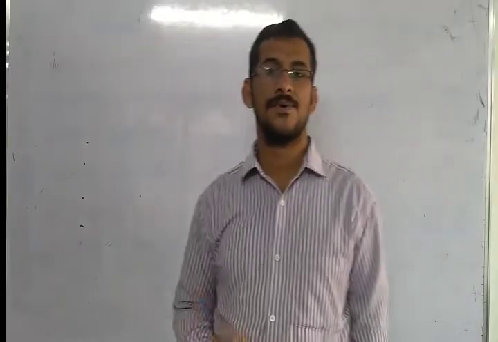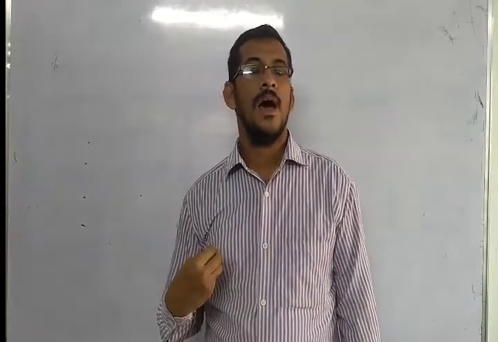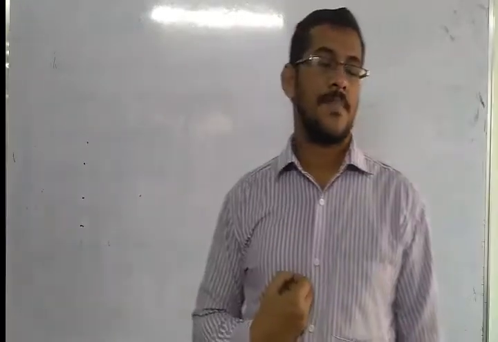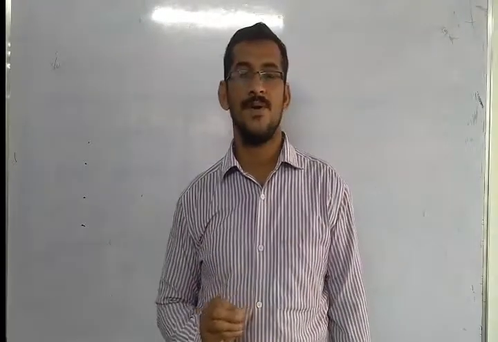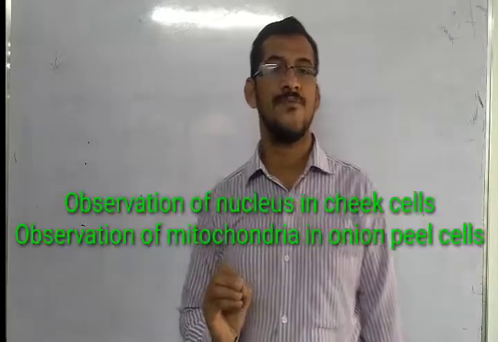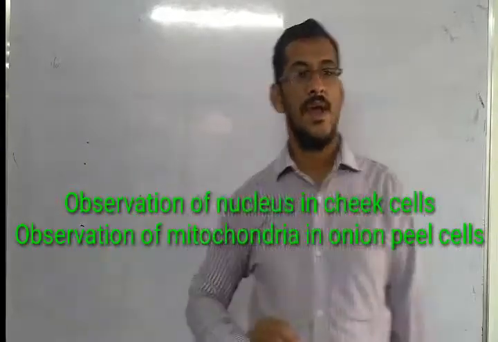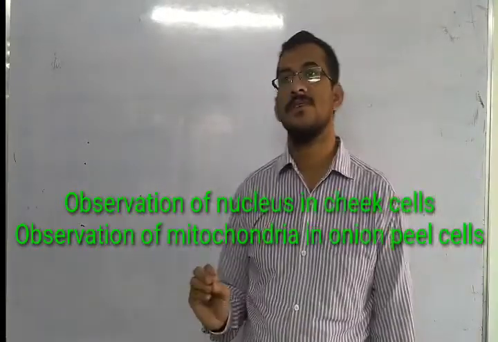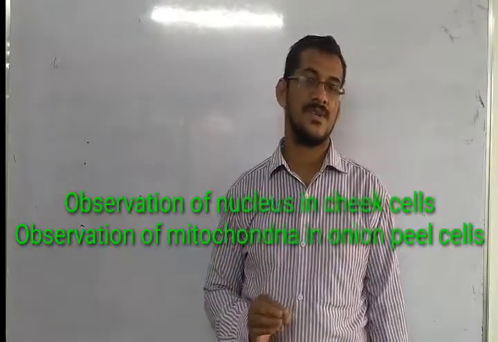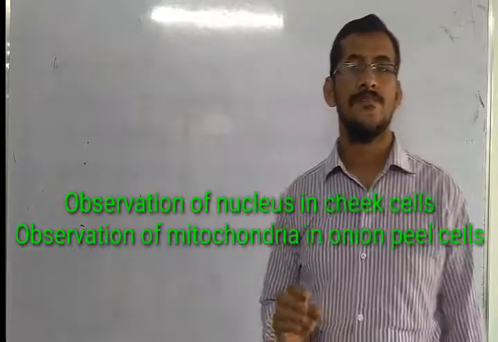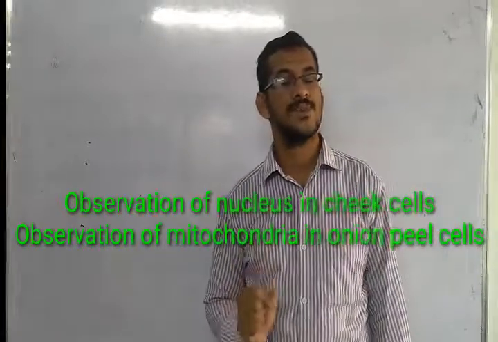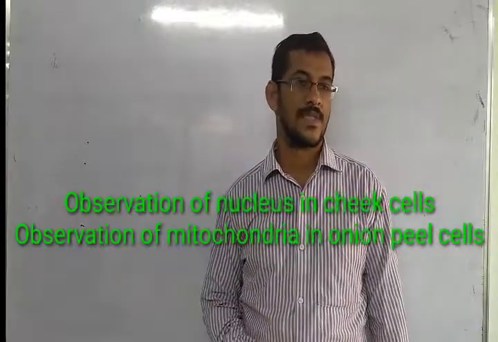Okay? Second important answer is lab activity. Here two activities are very important. One is observation of nucleus in cheek cells. That is very important, and I have explained this in my previous videos, once you check it. And one more activity is observation of mitochondria.